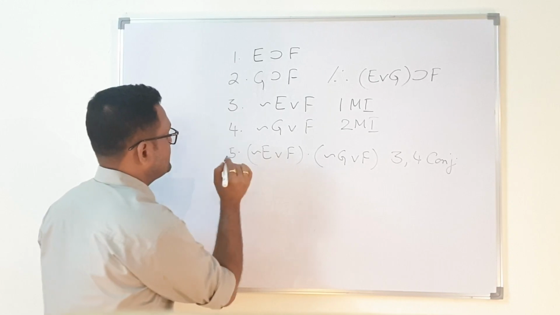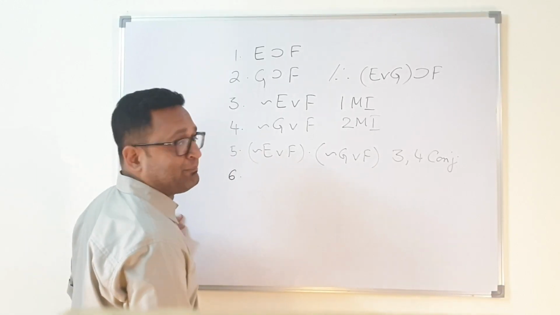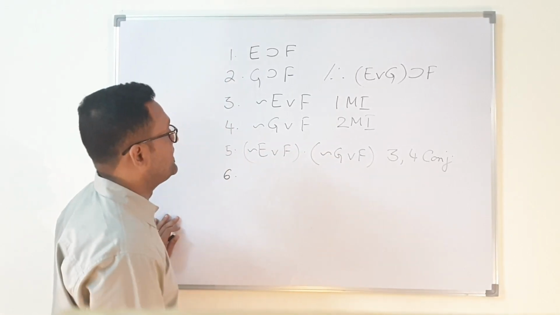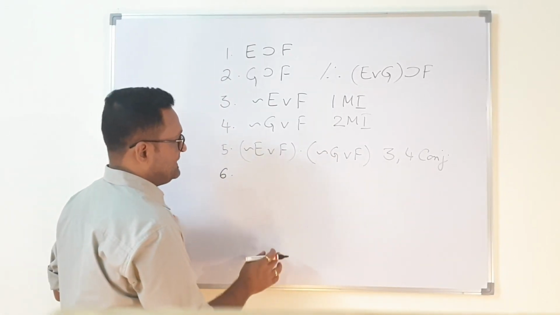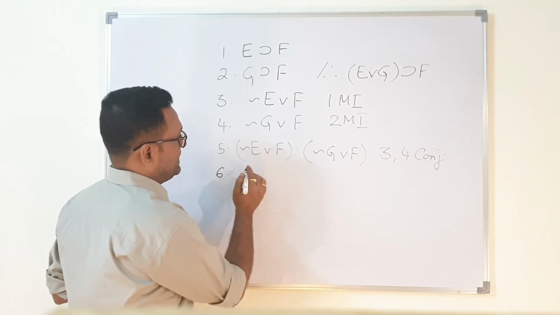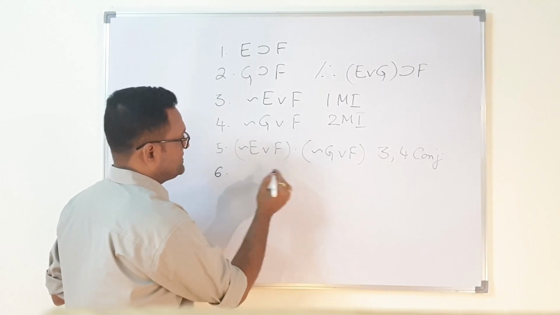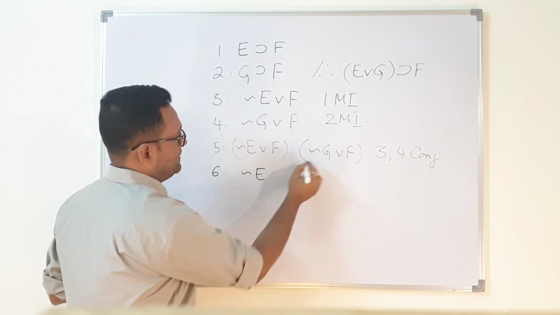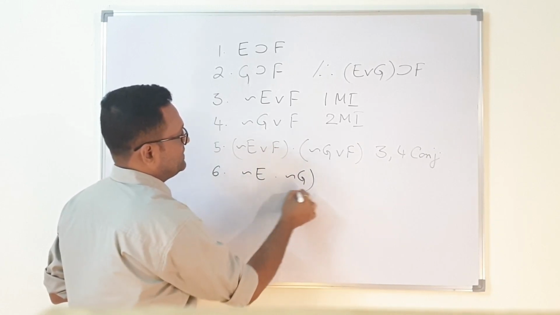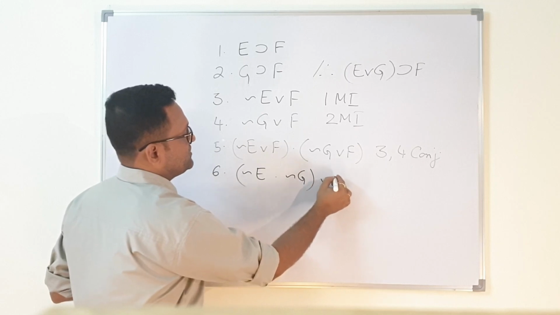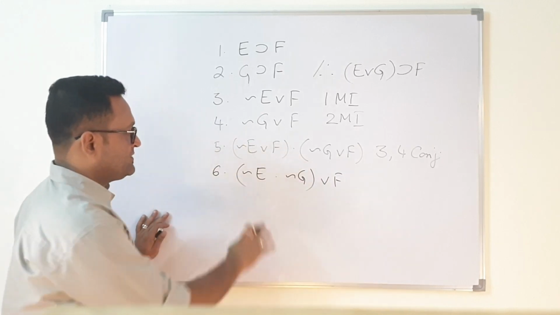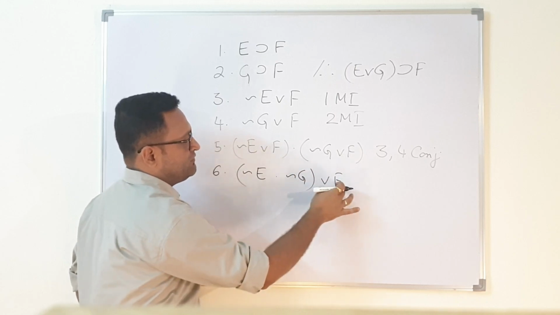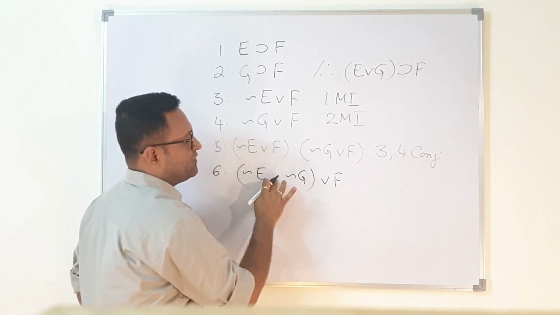Now on the sixth step, I will apply distribution. Again, you can see that applying distribution here is not easy for students. But if you see how to apply this distribution, you will get negation of E dot negation of G, bracket close, wedge F. Because negation of E wedge F is the first one, negation of G wedge F is the second one, and this dot is here.